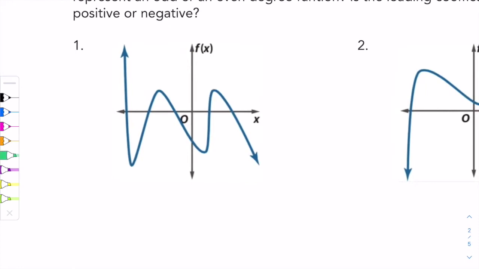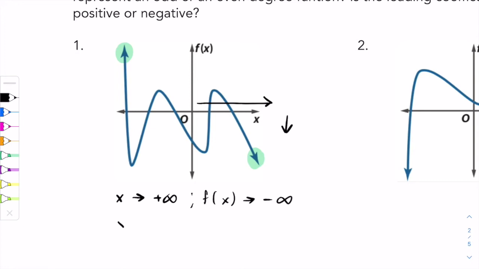For number 1, I noticed that the end behavior is telling me as x approaches positive infinity, so as we move this way, the graph is facing down. So the function is approaching negative infinity. And as x is approaching negative infinity, the graph is going up. So the function is approaching positive infinity.